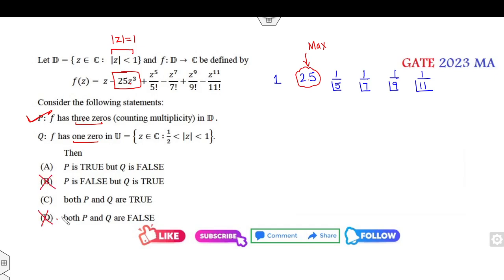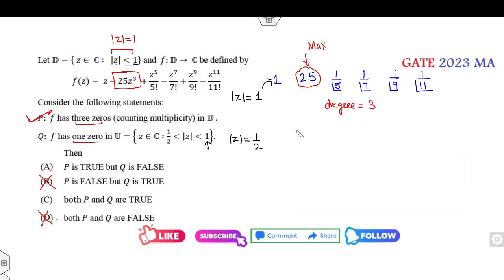D option is false. Now look at that. F has only 1 zero on the region here. So our target is to find Z is equal to 1 firstly, upper limit, and then Z is equal to half. This value we already computed on Z is equal to 1. Degree is 3.